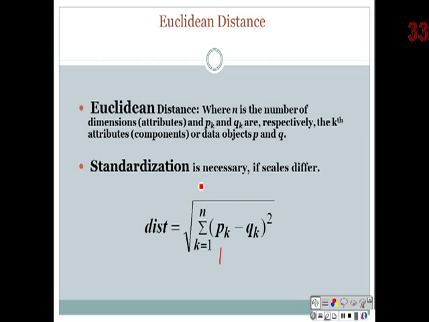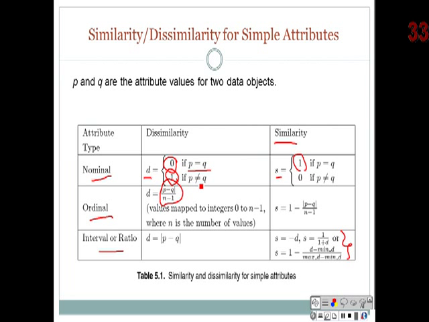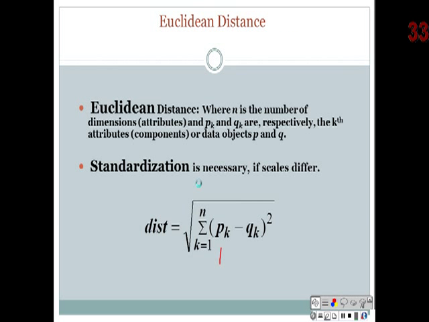So actually, you are taking off the same element, so the output will be 0. And let us go back a bit here.